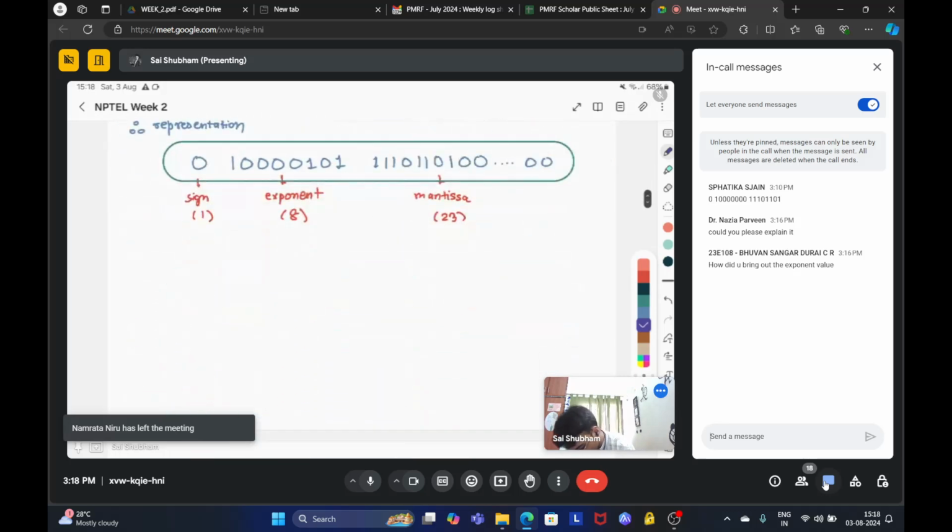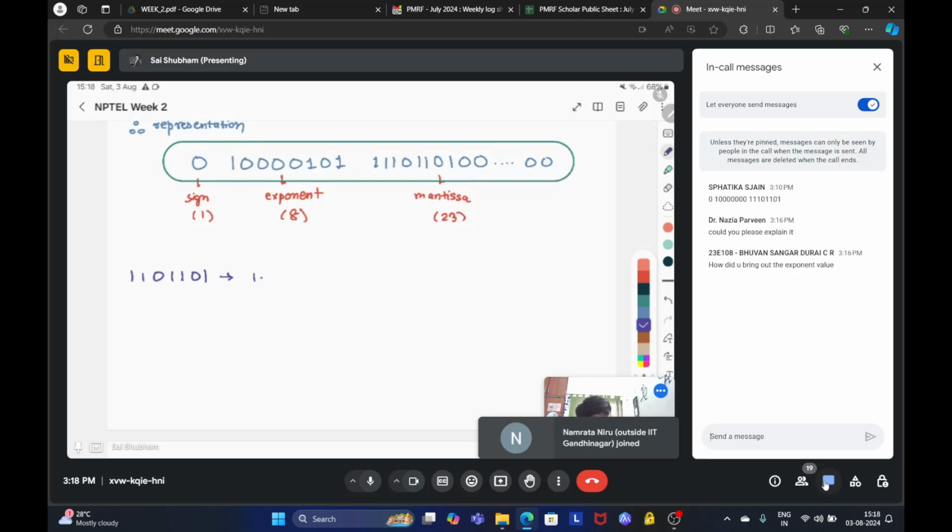First of all, if you have any binary number, for example, if this is your binary number, it has to be normalized. By normalization it means that it has to be represented in the power of 2, in this way.